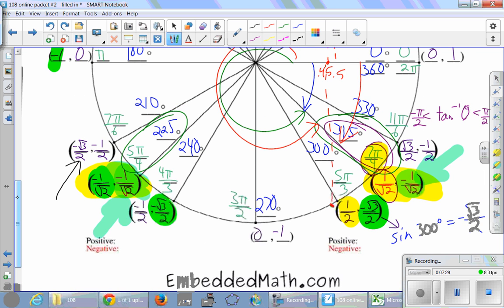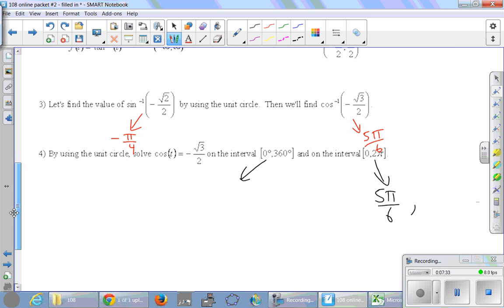So that answer is 7 pi over 6. So we've got two answers. And if you just go back and look at the unit circle, you can grab the degree measures of those exact same two angles. So I think the first one is 150 and the second one is 210. Hopefully that's right.